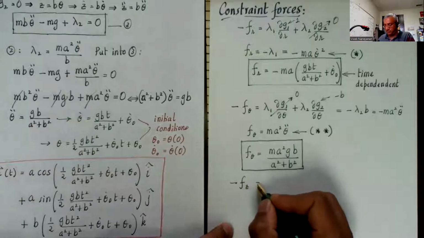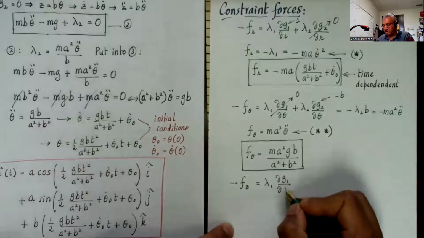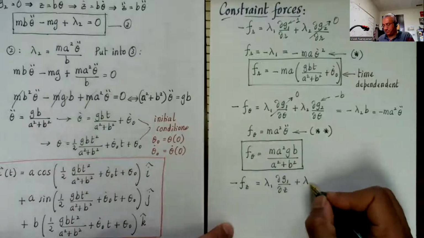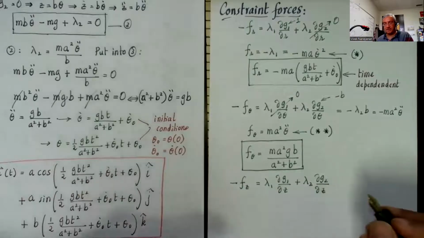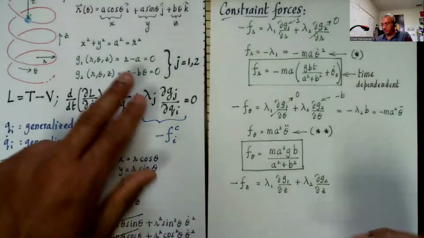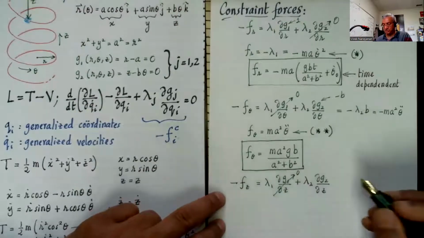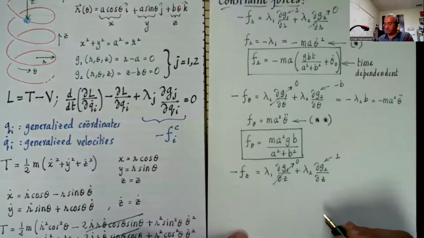The last constraint is the z. So the constraint force in the z direction is lambda 1 del g1 by del z plus lambda 2 del g2 by del z. Now g1 by del z, there is no such term. G2 by del z is just 1. So this is just lambda 2.